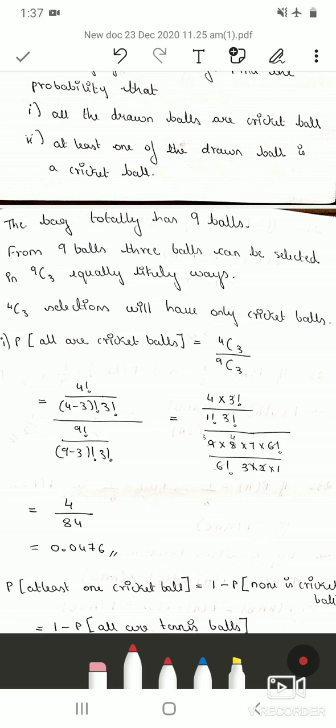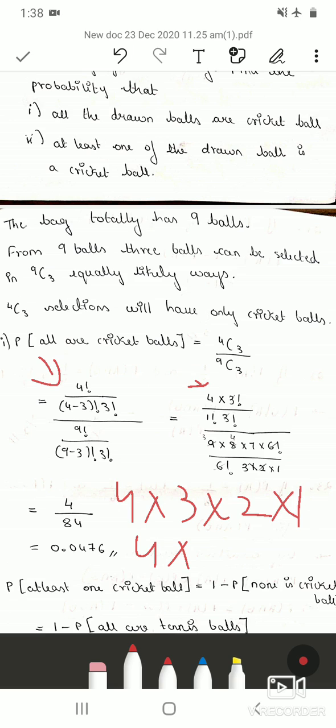So here I have shown how to simplify the combination answers. Here 4C3 is 4 factorial divided by (4 minus 3) factorial into 3 factorial, and 9C3 is 9 factorial divided by (9 minus 3) factorial into 3 factorial. 4 factorial can be written as 4 into 3 factorial.